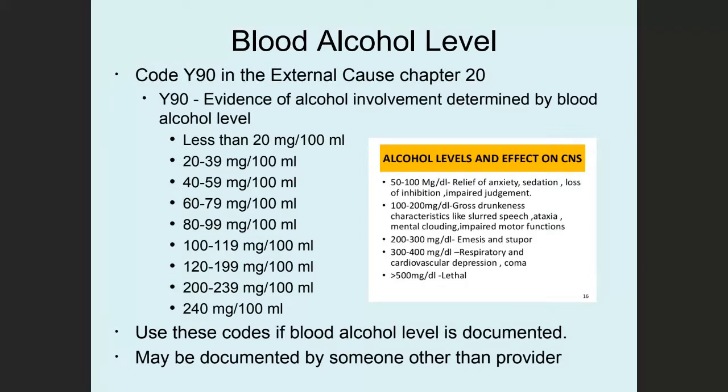An EMT might document it at the ambulance. A nurse might document it at the hospital. So if you have it, it should be coded, and you can accept a level recorded by someone other than the provider. So these are in the external cause section.